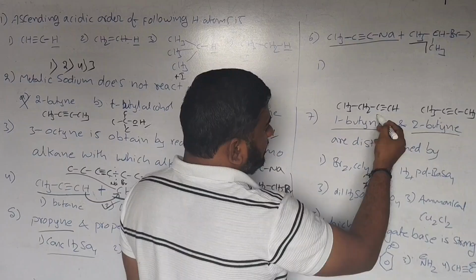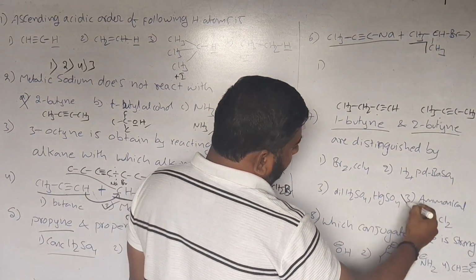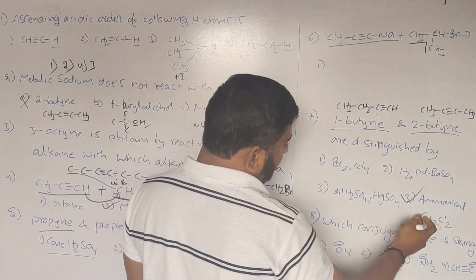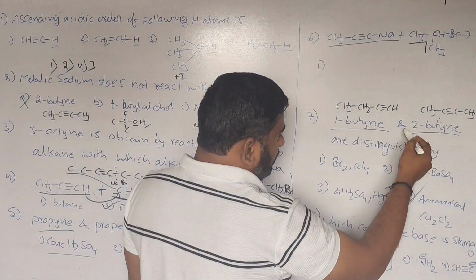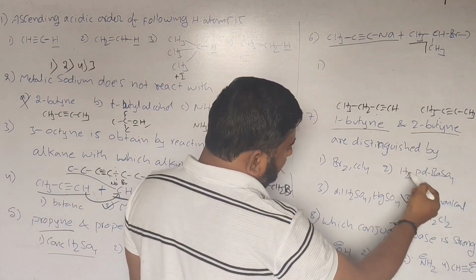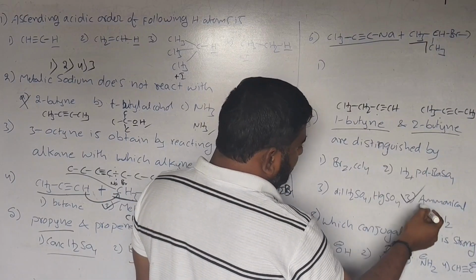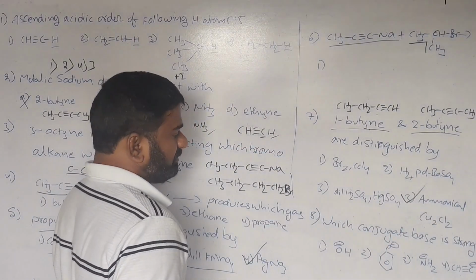Ammoniacal cuprous chloride will give a red precipitate with it. Both 1-butyne and 2-butyne will react with the other three, but only 1-butyne will react with the ammoniacal cuprous chloride and give a red precipitate.